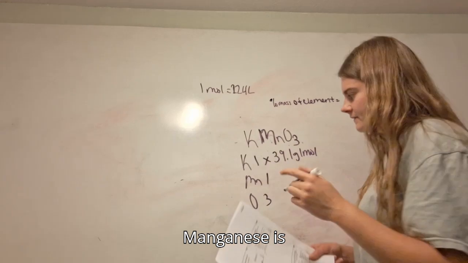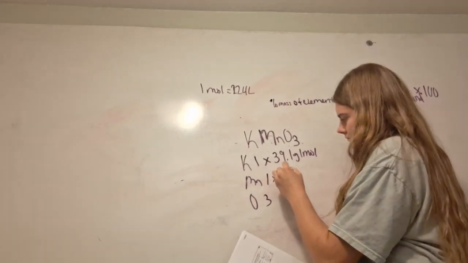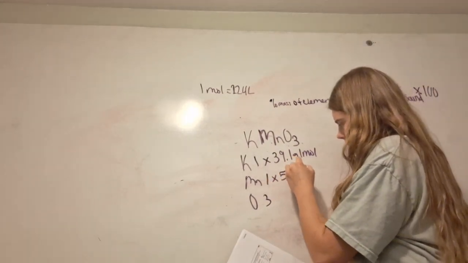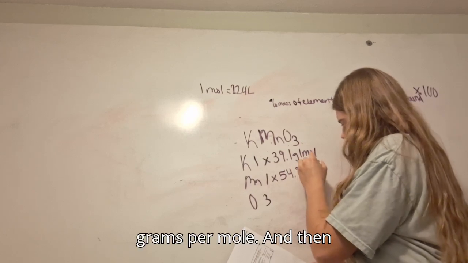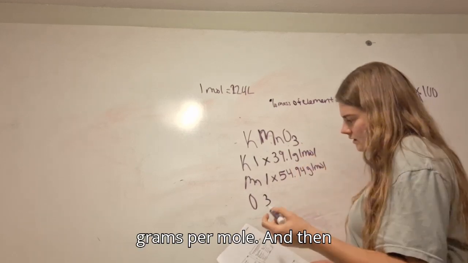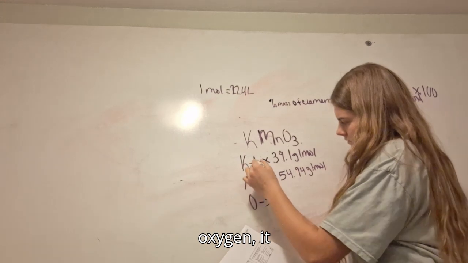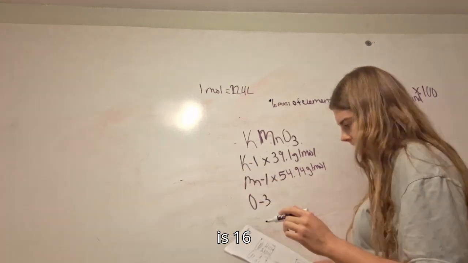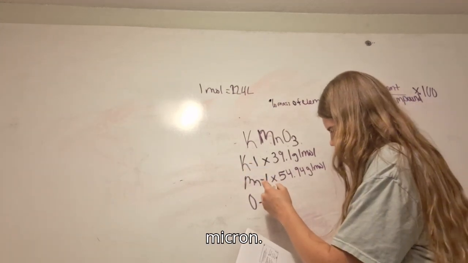Manganese, it is 54.94 grams per mole. And then oxygen, it is 16 grams per mole.